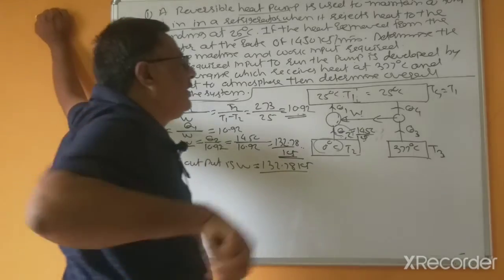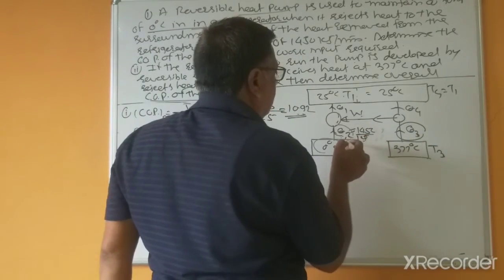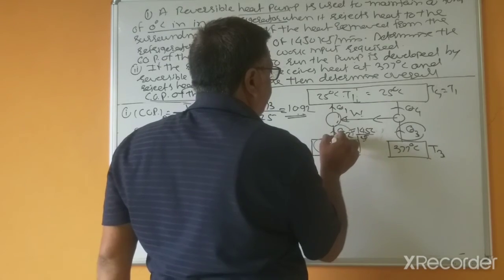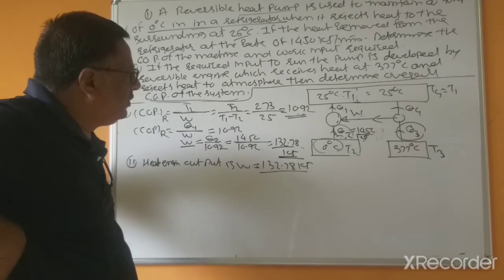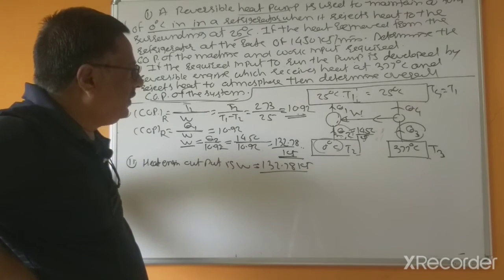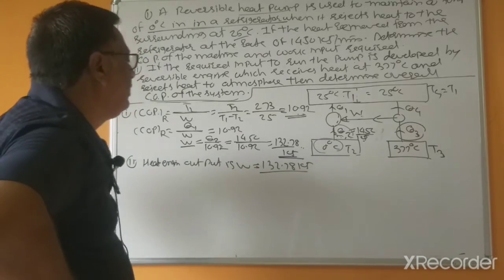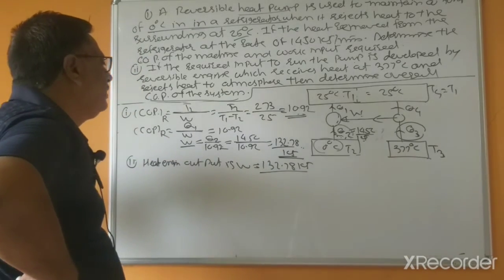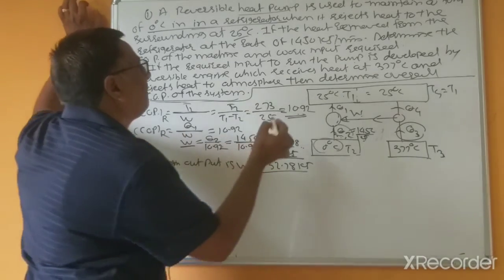So what we are spending, this is Q3, and what is desired here, this is Q2. So the ratio equal to Q2 divided by Q3, right? So what is asked?